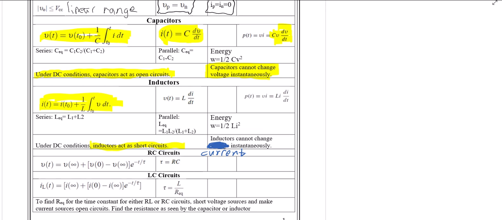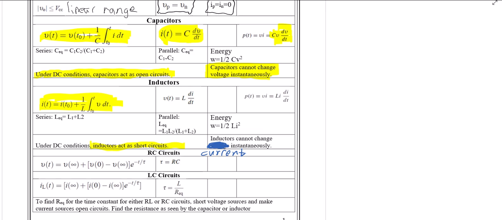Okay, now these formulas for RC and RL circuits, they will really help you out a whole lot. You can solve these circuits using first order differential equations, but if you can get them down to where you can identify what the equivalent resistance is and the equivalent inductance or capacitance, then you can just use these.